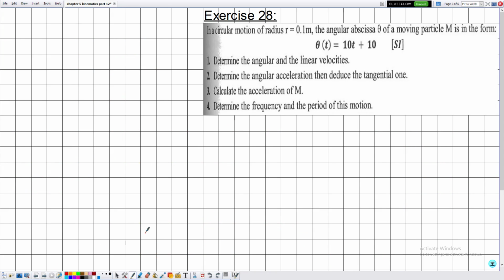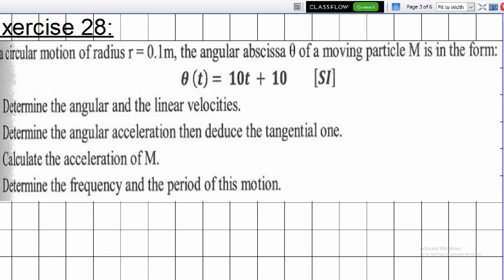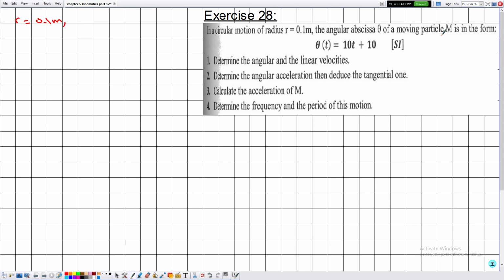Now for exercise number 28, they are telling me that in a circular motion of radius r equal to 0.1 meters, the angular abscissa theta of a moving particle m is in the given form. So here it's obvious that the trajectory is circular, so let's write on the scratch the equations of motion related to UCM and UVCM.